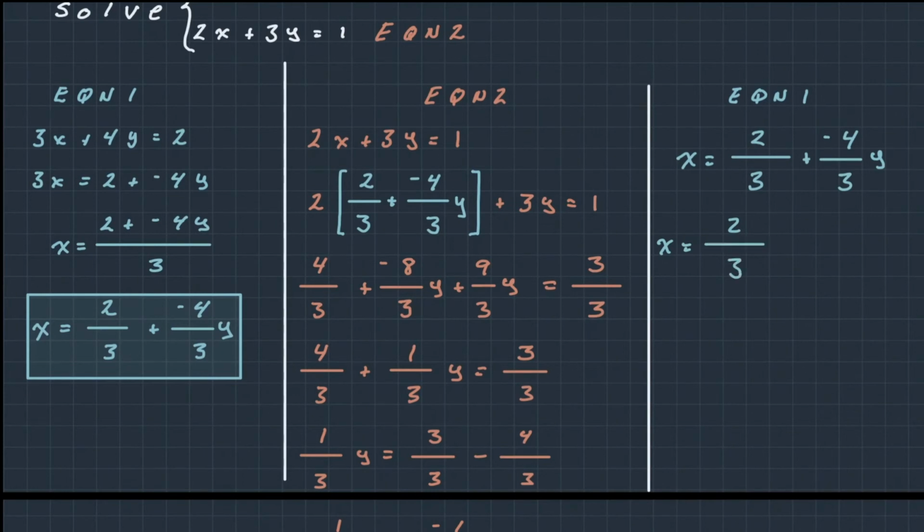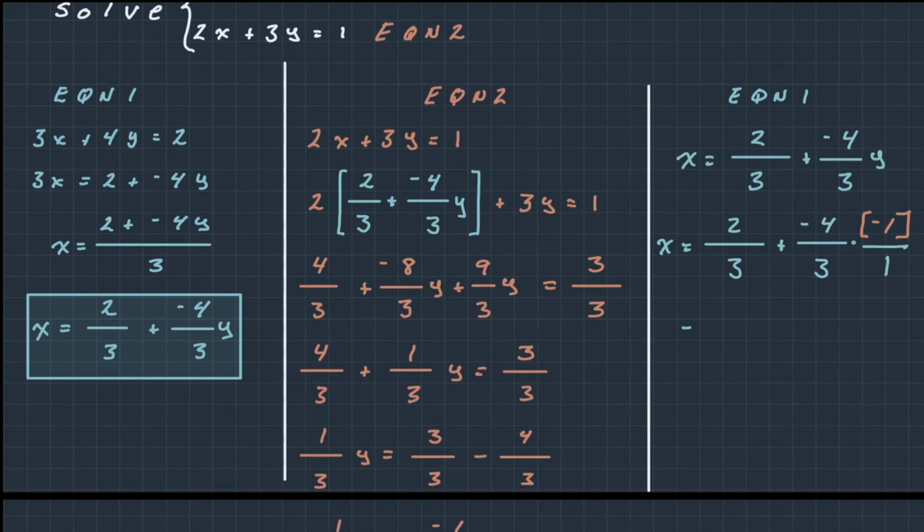So we have 2 over 3 plus negative 4 over 3. I'm now going to replace that variable y with the value of -1. Now, -1 is an integer, so why not just express this as a rational value, as a fraction, and then I can multiply those numerators and denominators.